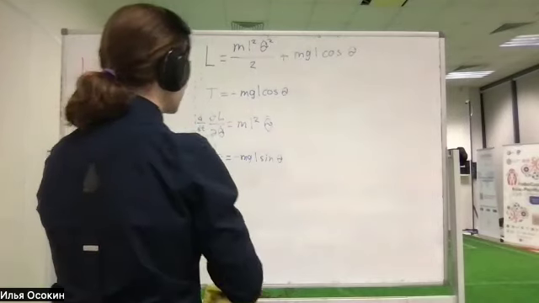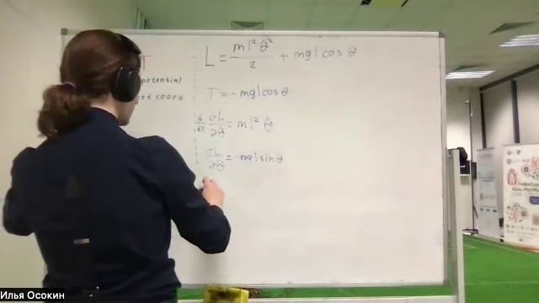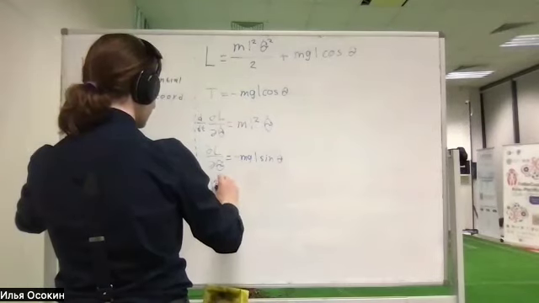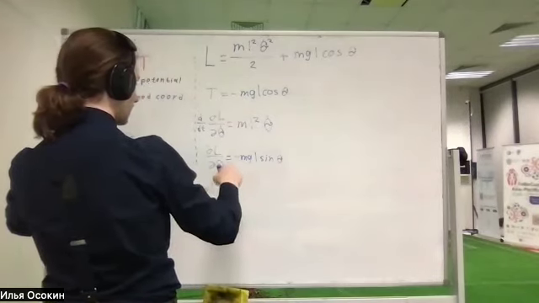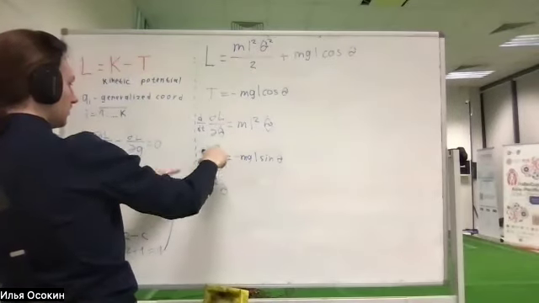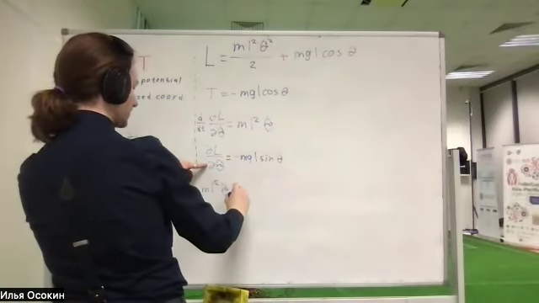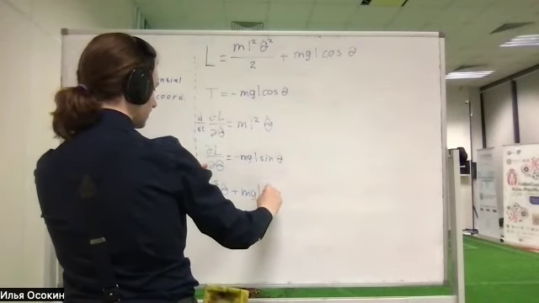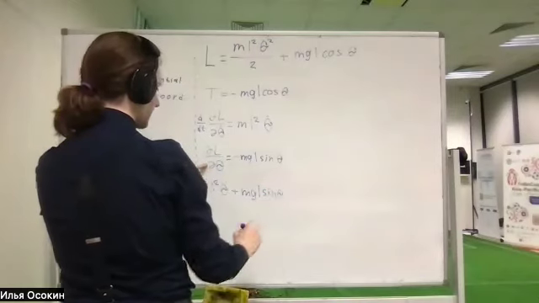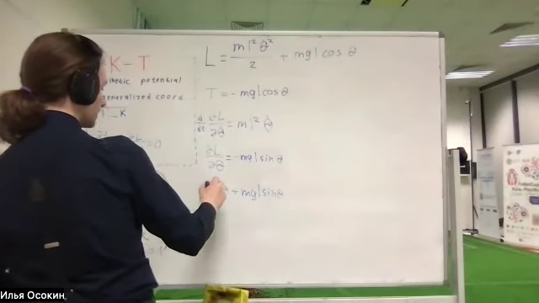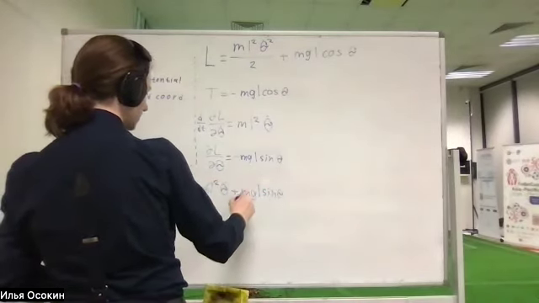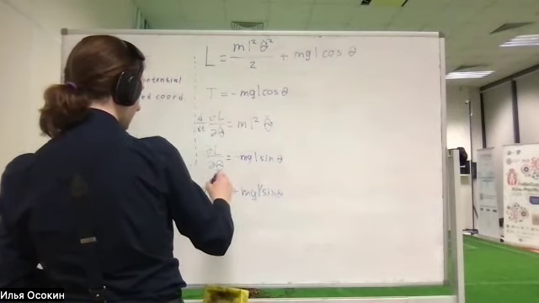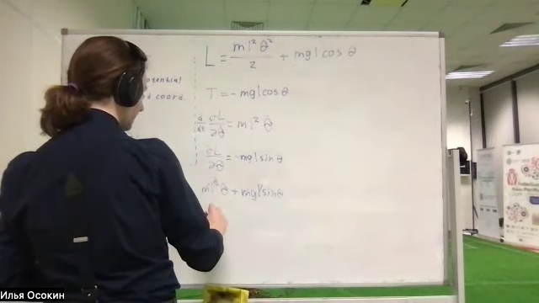And now let's write down the equation of motion. So it will be m L squared theta double dot minus this thing, so plus m g L sine theta. I'm going to cancel out the mass, and the length, and the length of the pendulum, the second power here.